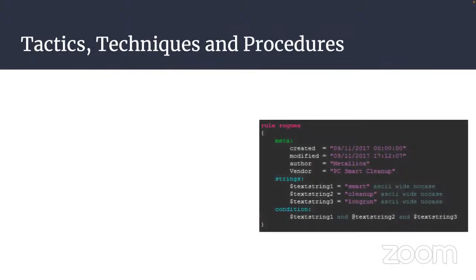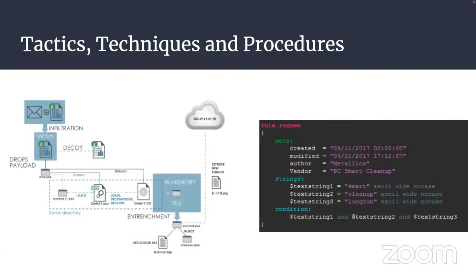So some tools that help with that detection are things like Yara rules. It's an open source tool that helps classify and identify anything that's abnormal. Using things like Yara, you can find things like persistent attacks.